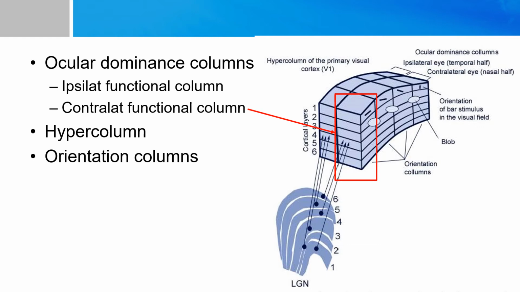And so, as a result, the origin of the visual information alternates from left to right eye across the functional columns. And so, a pair of the left and right ocular dominance columns corresponding to the same spot in the visual field is called a hypercolumn.